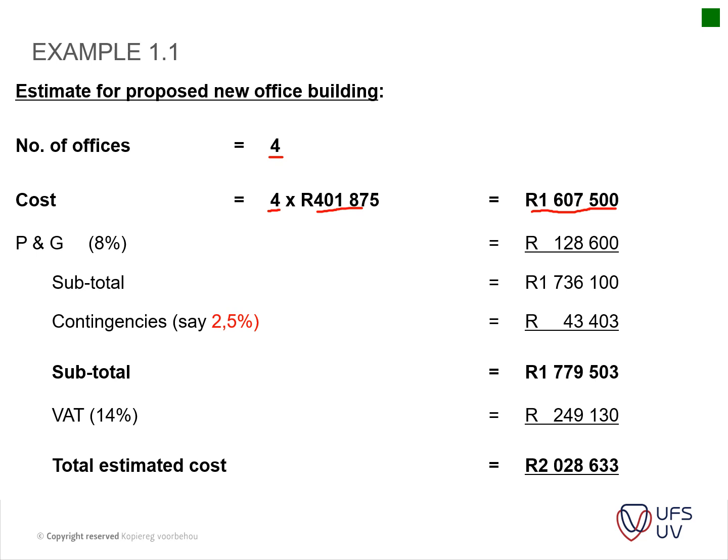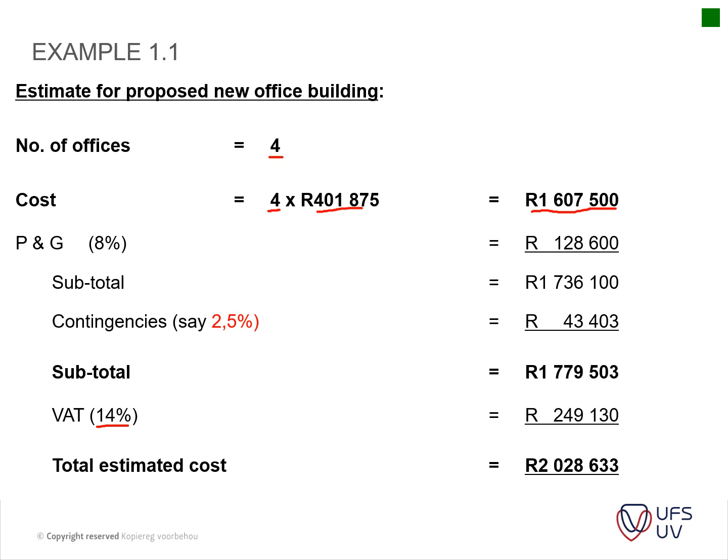Please note that I'm using 14% here. It's just because of the example. I forgot to change it to 15% beforehand, so I'm just running with the 14% for now, just to work through some of it for you.